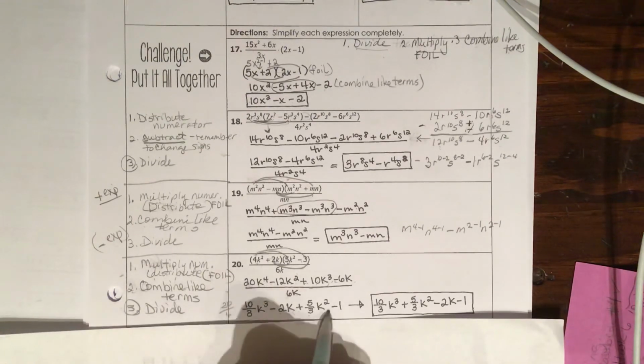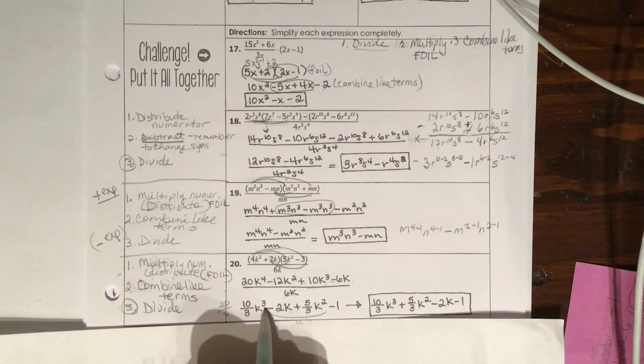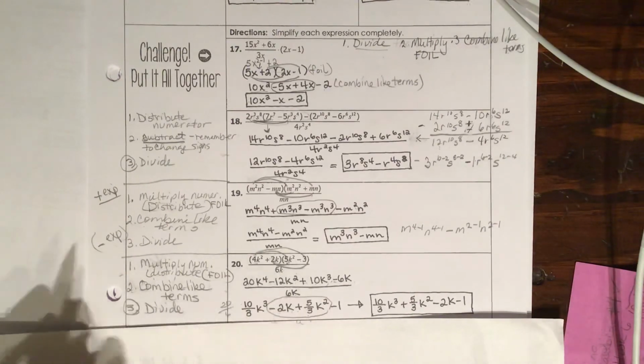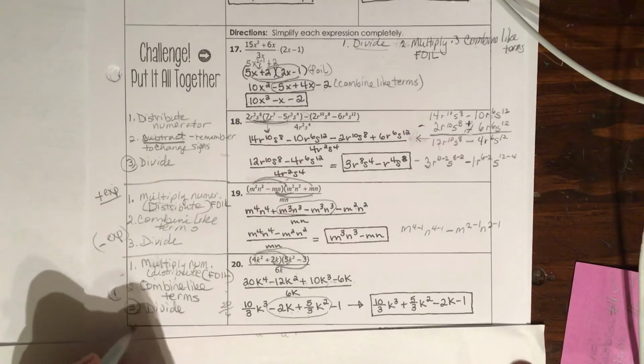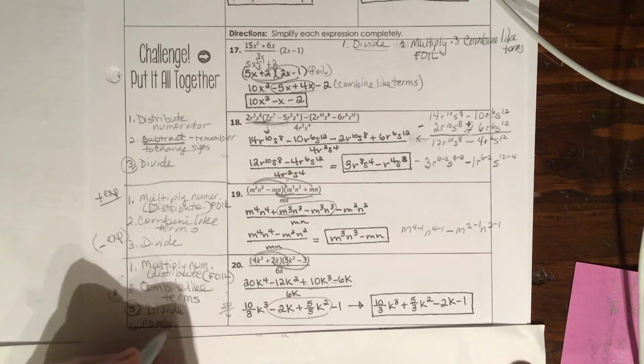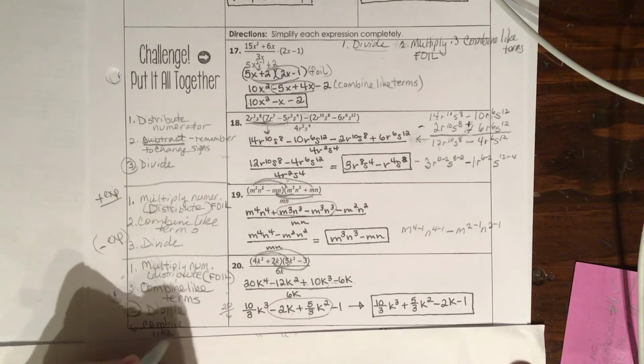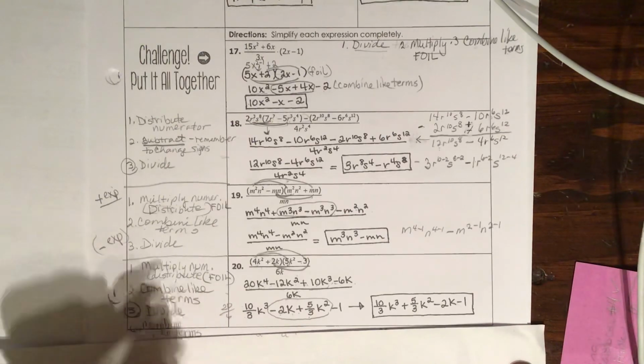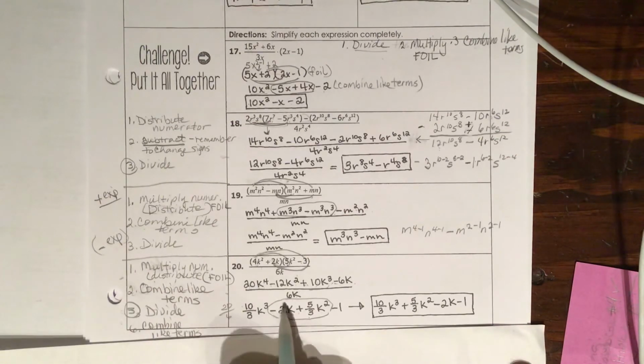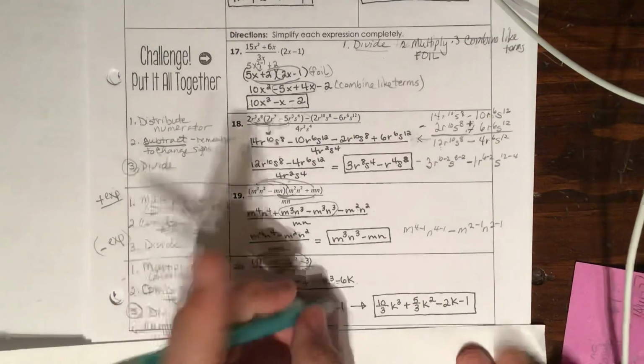And here, then you combine like terms again. So you have to combine like terms twice, sorry. So then you have to combine these like terms. So it's 10/3 k, not these two.